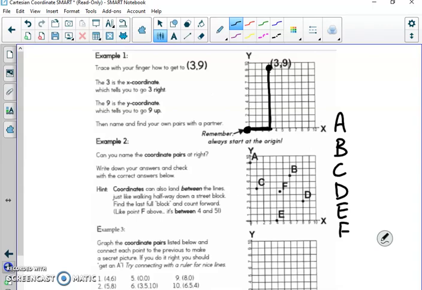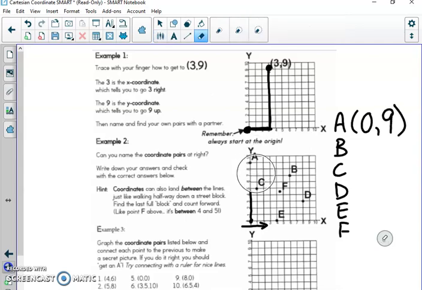We're going to figure out how far we run this way before we jump. We actually don't run this way at all because it's right here. So I know that my run, or my x-axis, is 0. And then it's asking me, how far did I jump up? I went all the way to 9. So my coordinate pair for A is 0, 9.